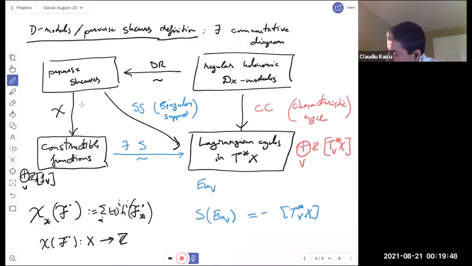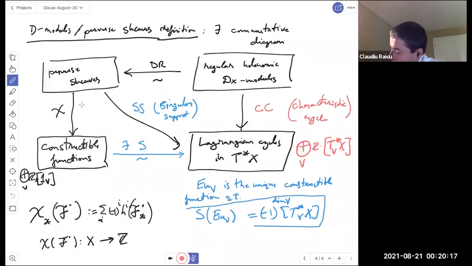I think there are different conventions, but I'll just take (-1) to the dimension of V. So this is the unique function that gets sent to a basic unit vector in this Lagrangian set.